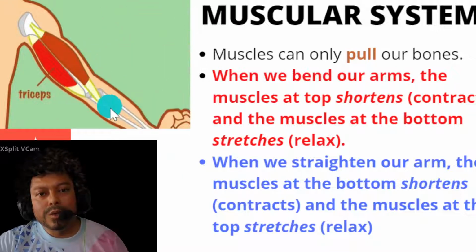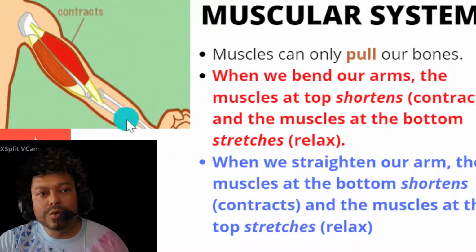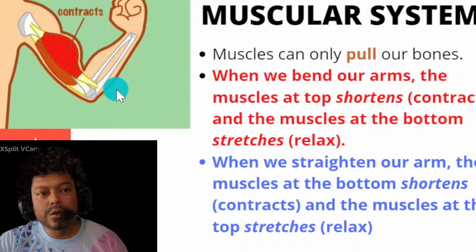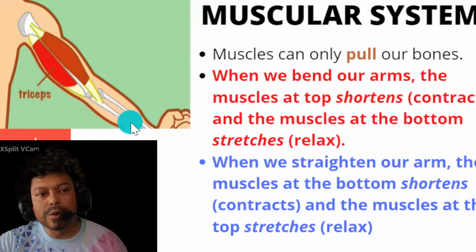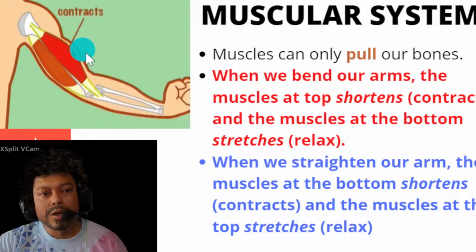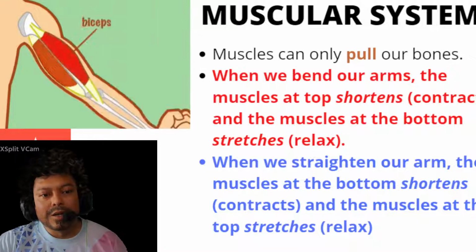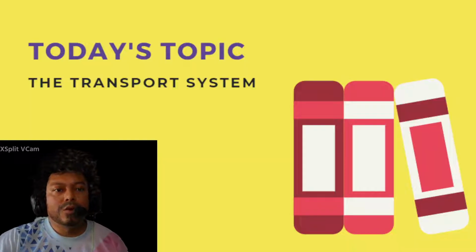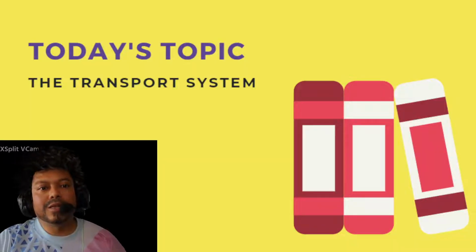In this picture, it shows that when we want to fold our arms, the muscle on top will pull. When we want to straighten our arms, the muscle at the bottom will pull the arm bones, and the top will relax.